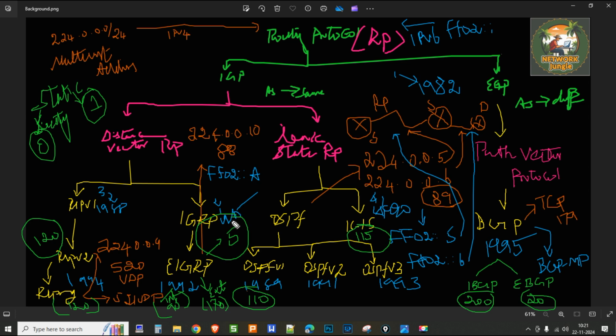It has different AD values: 5, 90, 110, 170, 115, 120, 220. Mostly we use the BGP protocol to communicate between different ISPs and organizations to share the routing information.